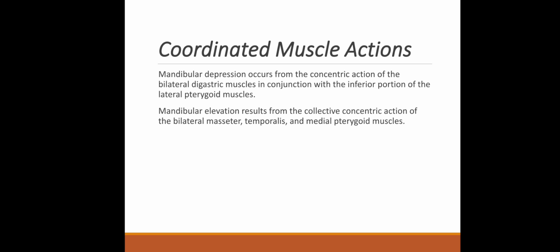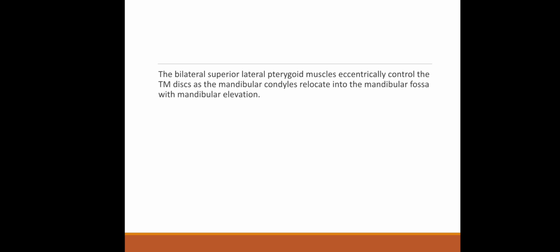The coordination of muscle action. Mandibular depression occurs with the concentric action of the bilateral digastric muscles in conjunction with the inferior head of the lateral pterygoid muscle. Mandibular elevation results from the collective contraction of the bilateral masseter, temporalis, and medial pterygoid muscles.